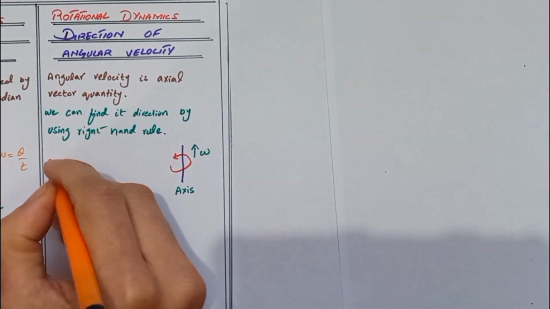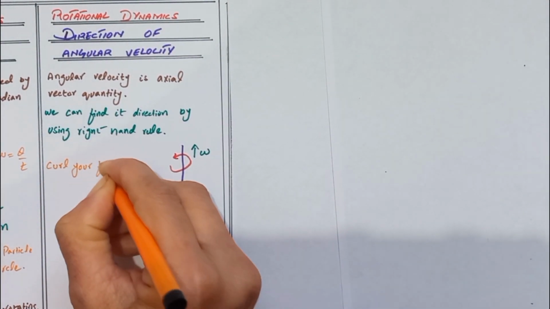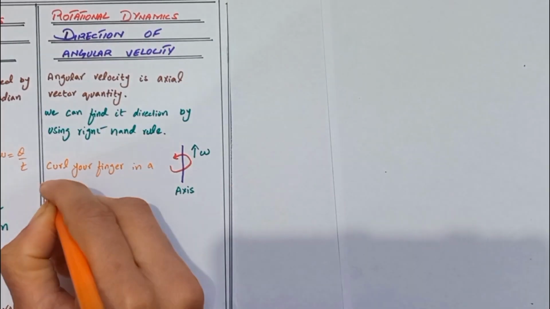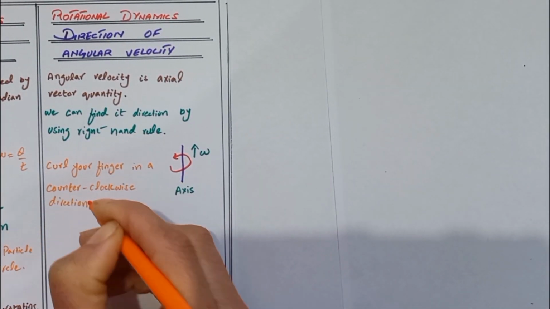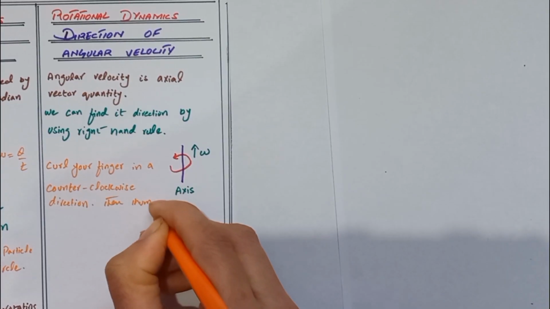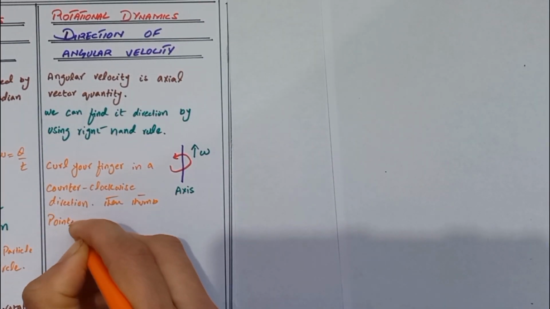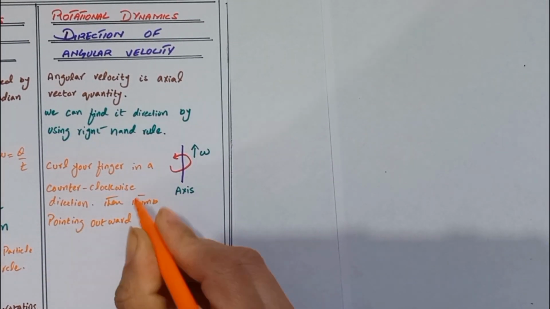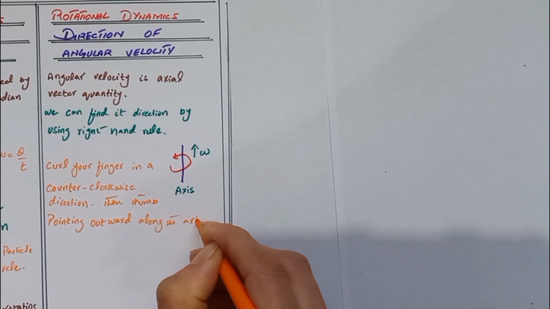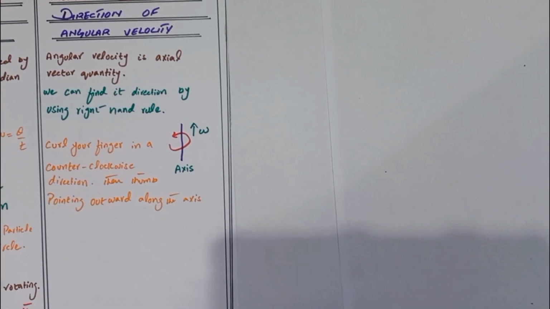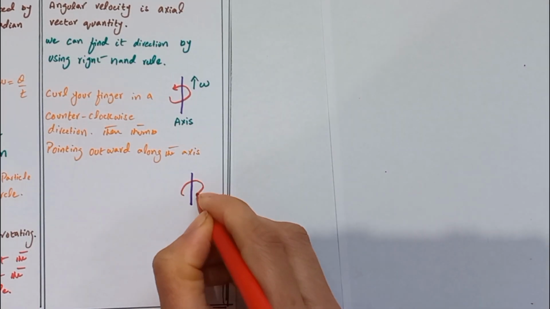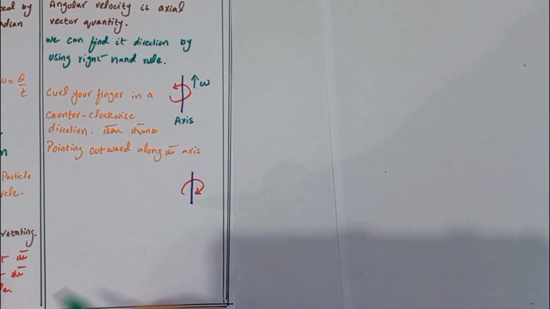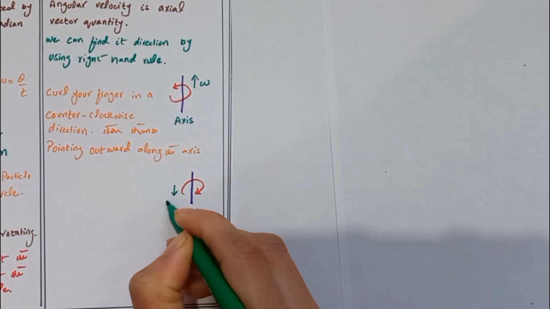So here we write: curl your fingers in a counterclockwise direction, then thumb points outward along the axis. Now we take when the object is moving clockwise and the angular velocity direction is downward.